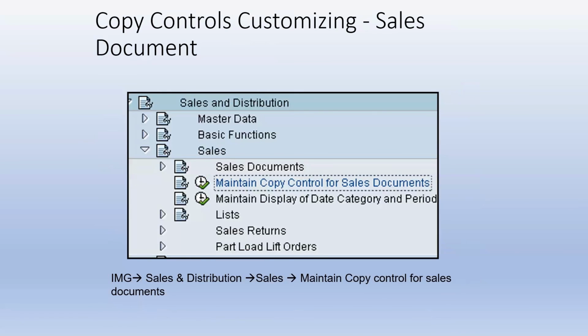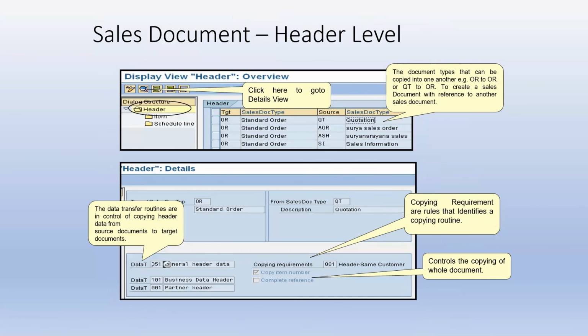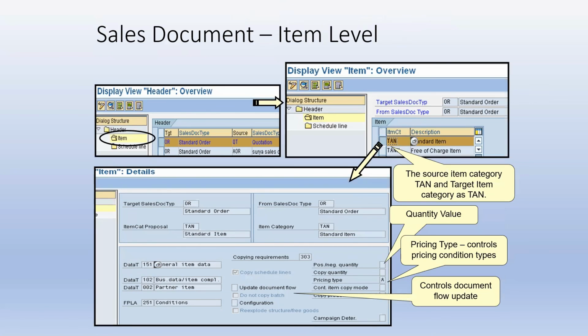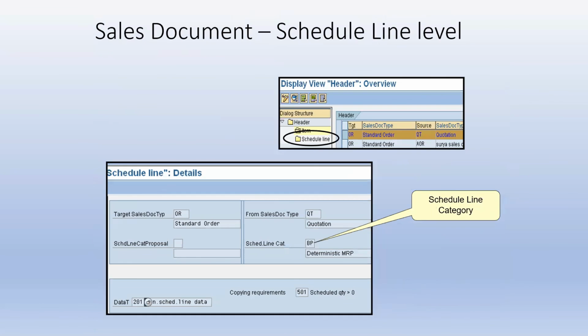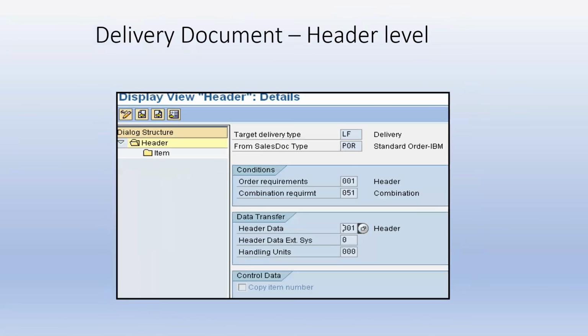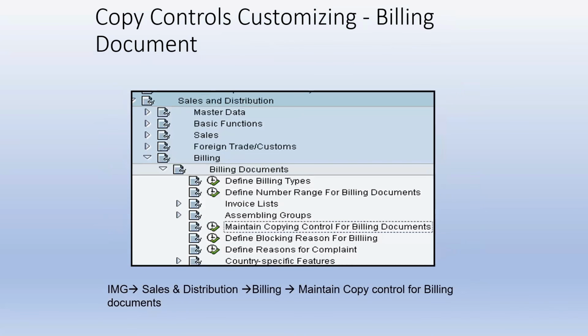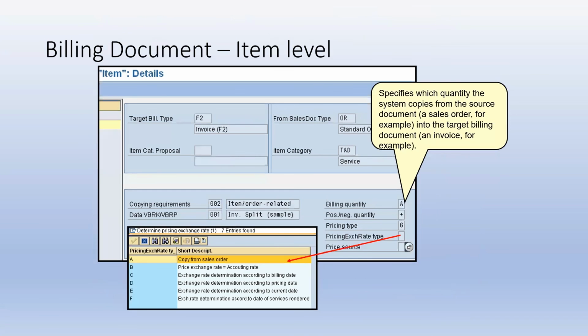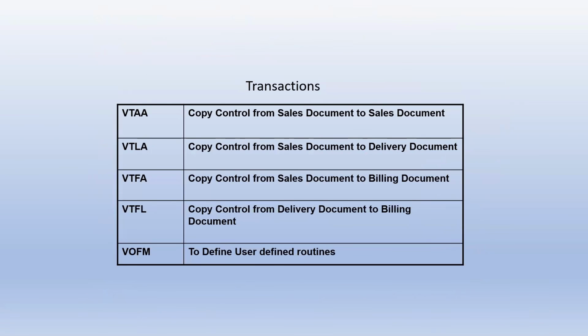Now where to maintain this: in Sales and Distribution, under Sales, for your sales related copy control. These are the same screenshots you can go through. Shipping copy control, delivery related, will be here, and billing will be under billing.